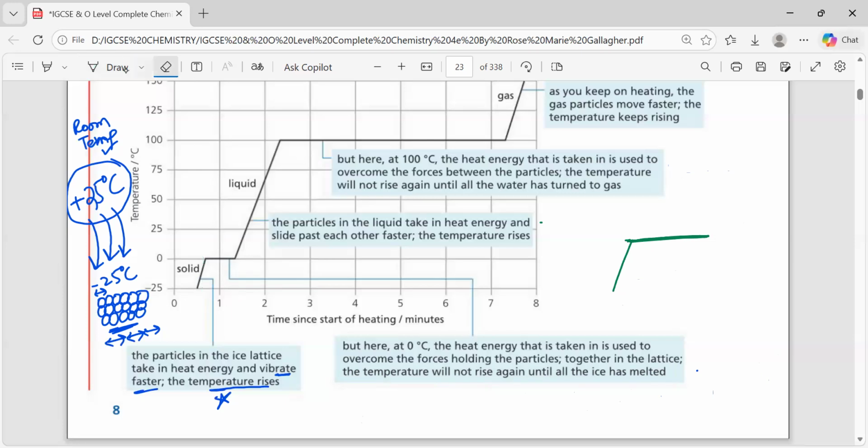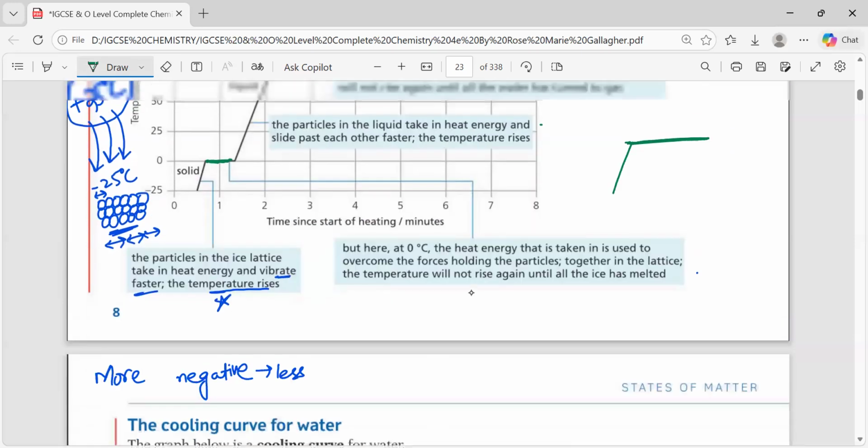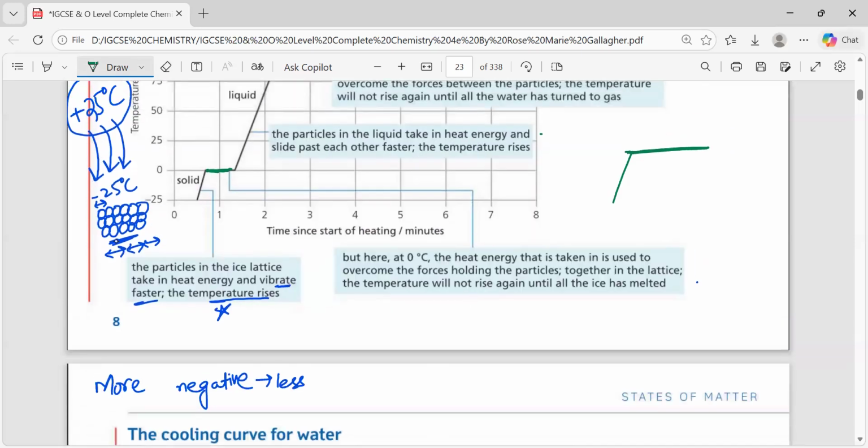Why is it happening? Why does it melt at 0 degrees? The reason is that when the ice is absorbing heat, that heat energy is being used by the particles, right? In the first stage, the particles' vibration was increased.